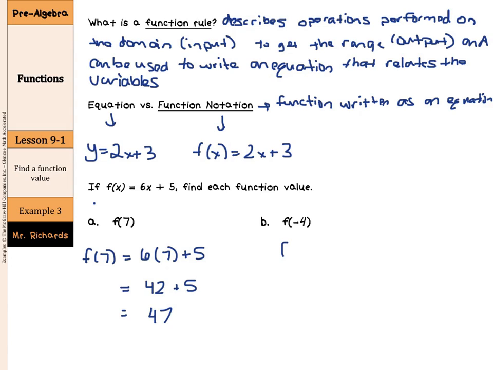And for f of negative 4, if we put in negative 4 for x, we have 6 times negative 4 plus 5. Well, 6 times negative 4 is negative 24, plus 5 is negative 19. So we get outputs of 47 and negative 19. And of course, those were dependent on what we put into the function.